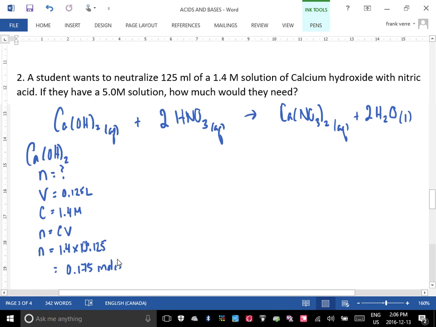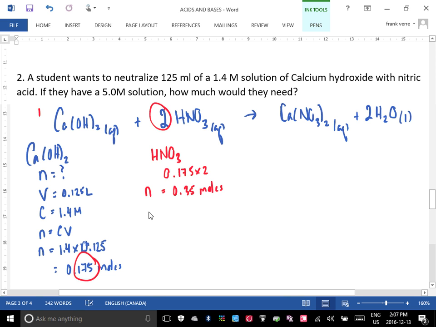So now we have the number of moles. Very good. So for nitric acid, we have 0.175 moles of calcium hydroxide, but you would need double that because the ratio is 1 to 2. So you would need 0.35 moles of nitric acid, right?